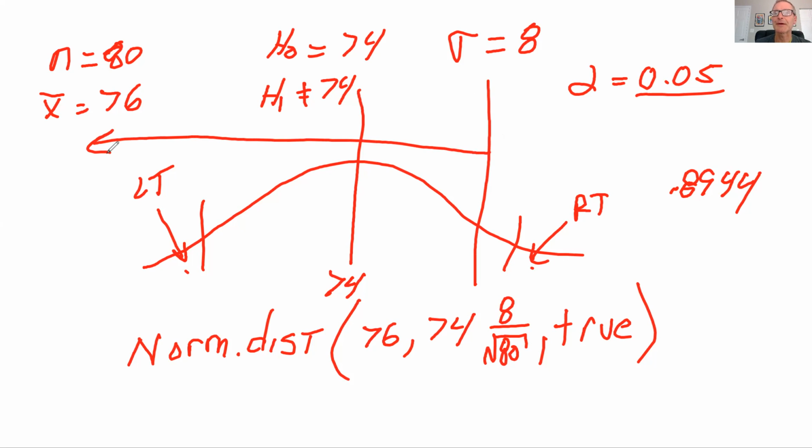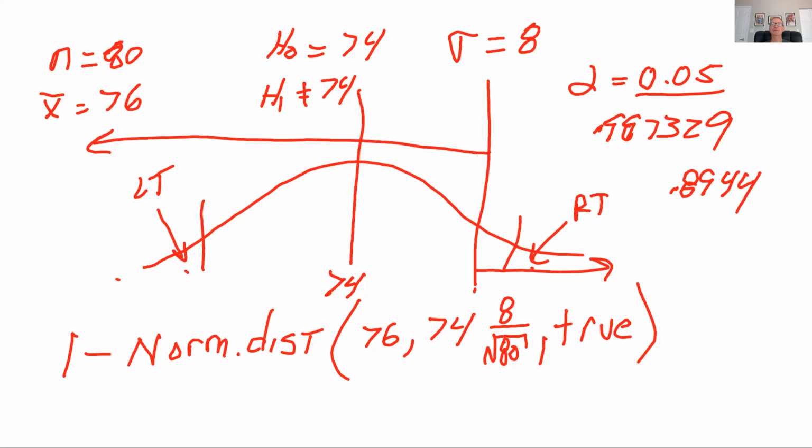So when we did that calculation, we got 0.98739, which is from this point all the way down. So what would be the upper tail is the easier one to get. So we should do 1 minus that to get the upper tail.